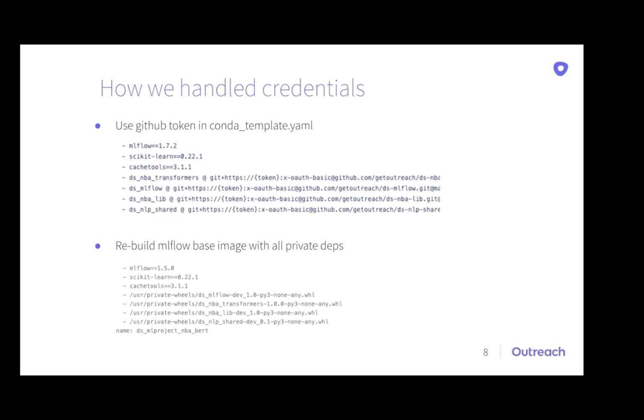And in the conda file for deployment, we put a reference to the wheel files in the Docker image, as you can see from the slides here. Now with the Docker image and also the conda file, which contains internal references, we can deploy the ML models to endpoints like SageMaker.